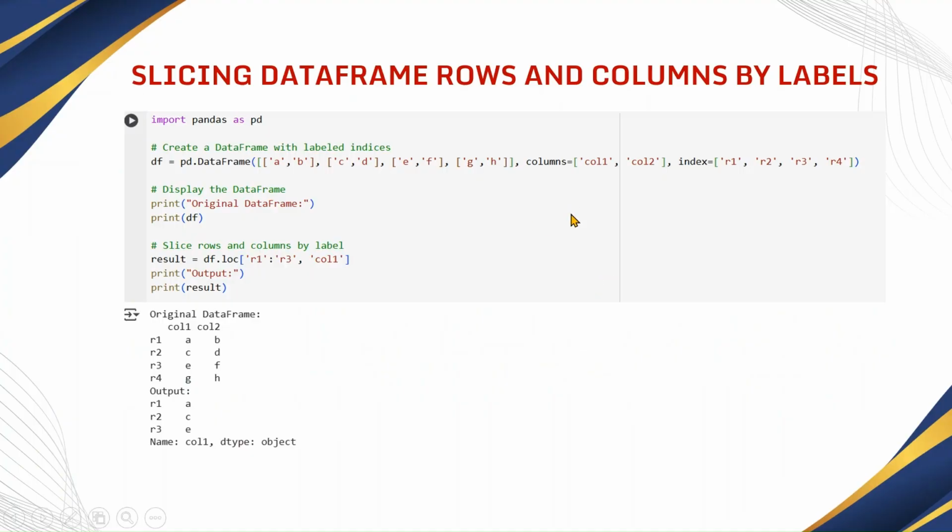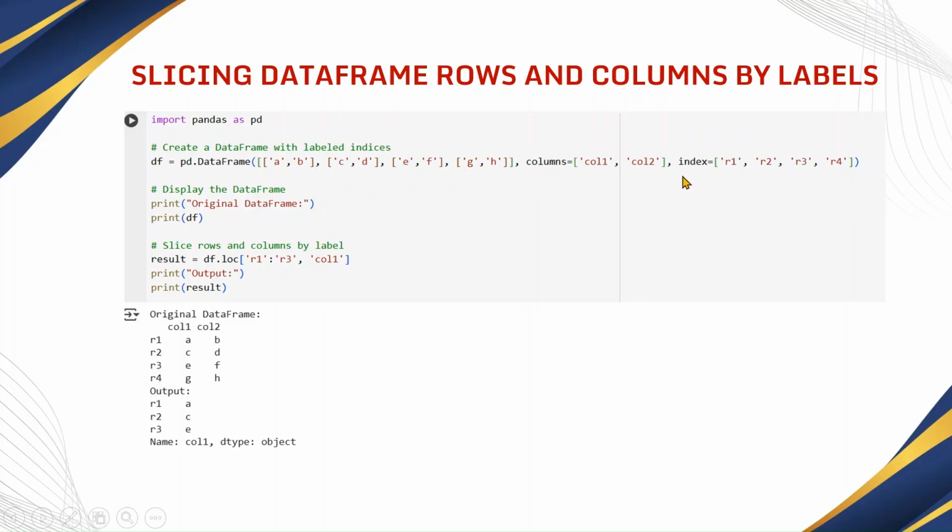Now here, slicing data frame rows and columns by labels. We take the same example. Import pandas as pd, and by using pd.DataFrame I'm creating the same nested list. First row A B, second row C D, third row E F, fourth row G H, and columns col1 and col2.